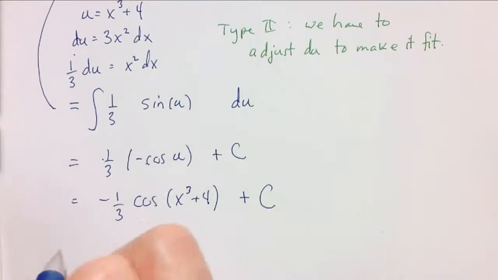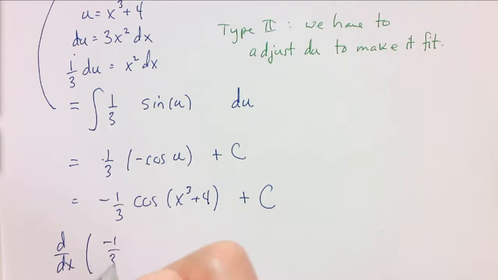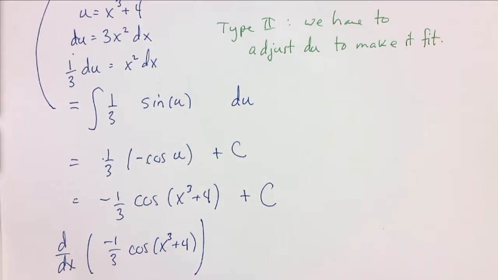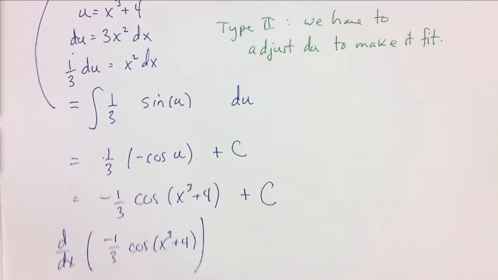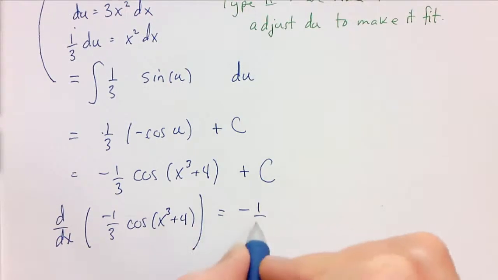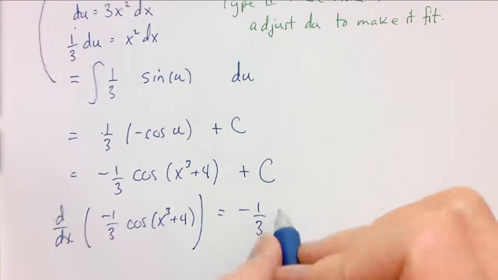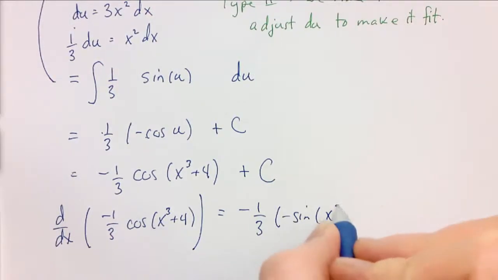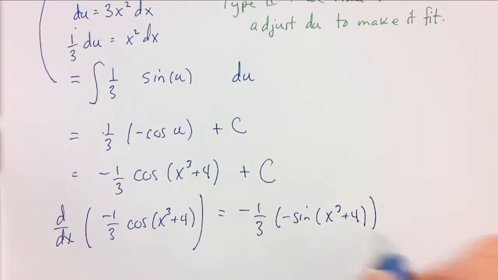Did we do it correctly? Well, check, check your work. Take the derivative of your answer. I can ignore the plus c at this stage because, of course, the derivative is 0. Pull the minus 1/3 out of the way. Take the derivative of cosine of something as minus sine of that something times the derivative of the inside.